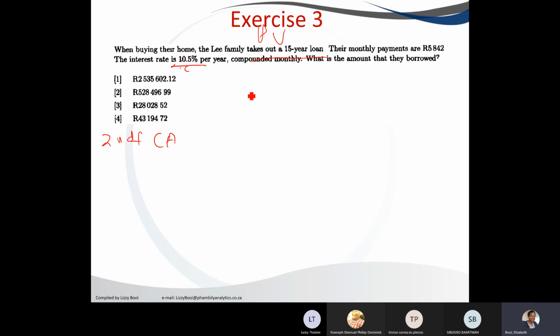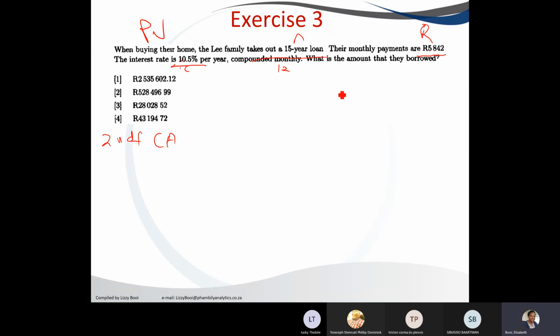This is your interest, compounded 12 months, and this is your N. Sorry, that is not your present value, that is what we need to calculate. It means we need to be calculating the present value because it's a loan, and 15 years is how many years they want to take the home loan for, and this is your monthly payment.